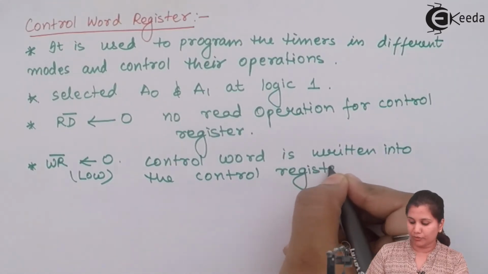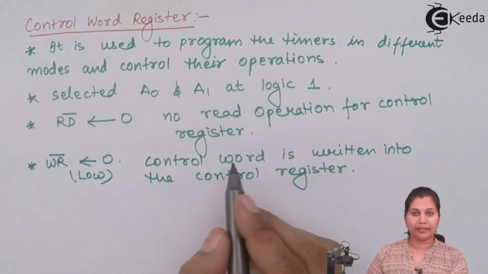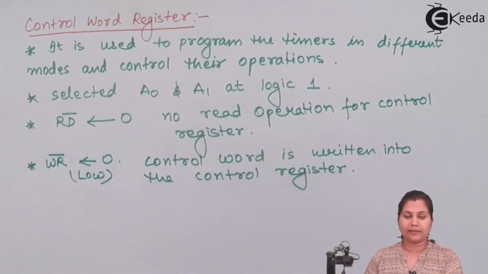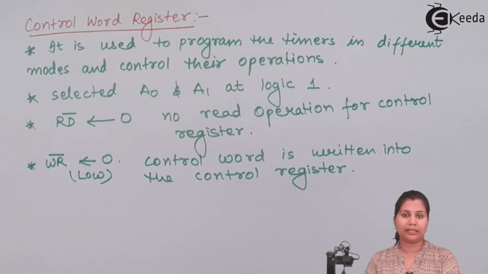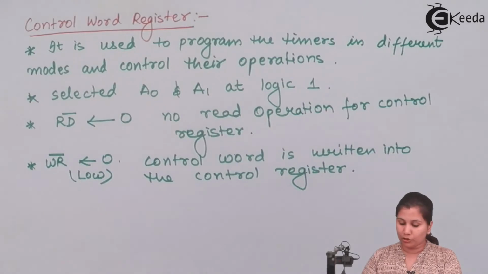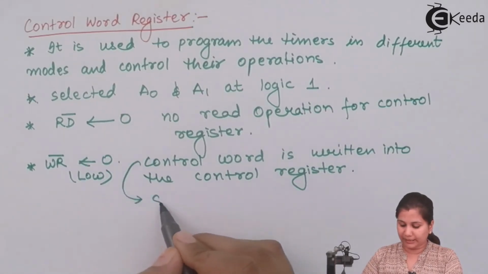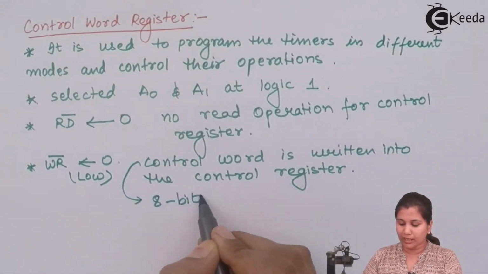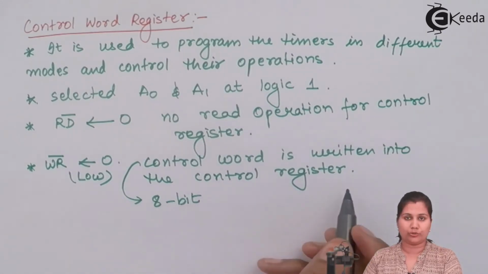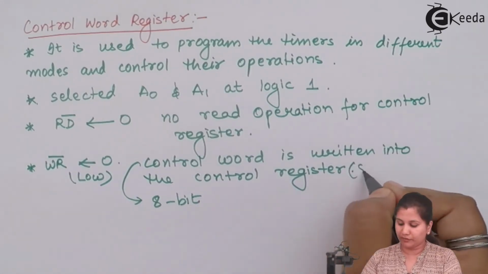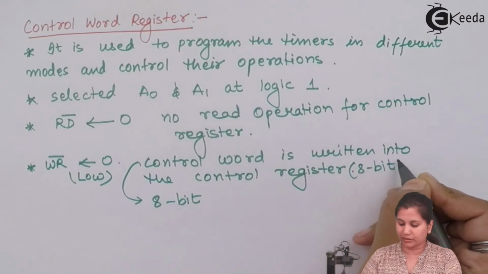Now this control word is an 8-bit word, because the data bus of the microprocessor is an 8-bit data bus, so 8-bit data is going to be written. So the control word will be an 8-bit word, and it will be written into the control register. So the control register will be an 8-bit register.